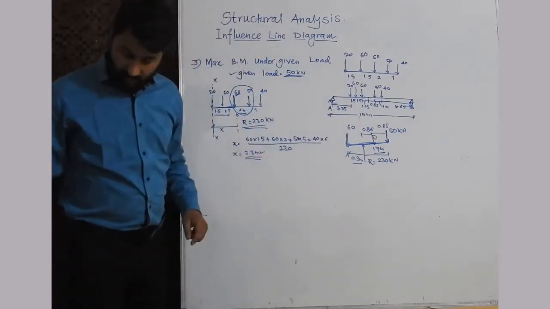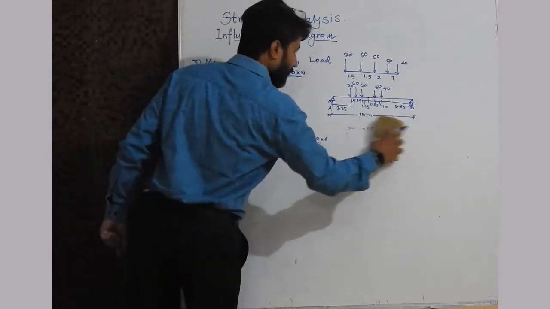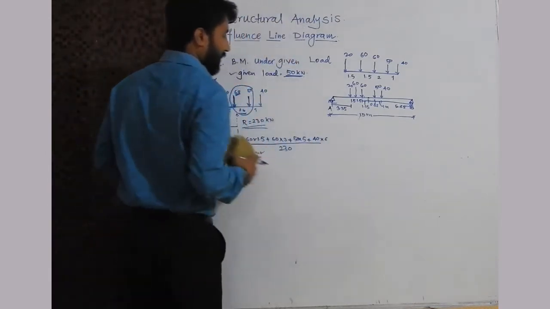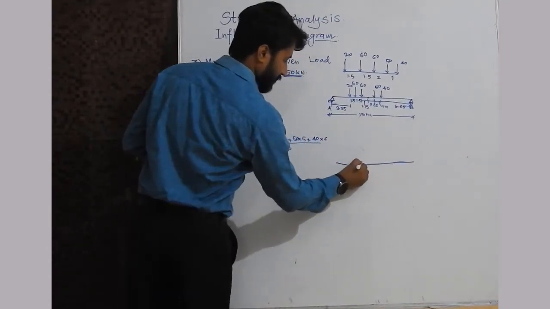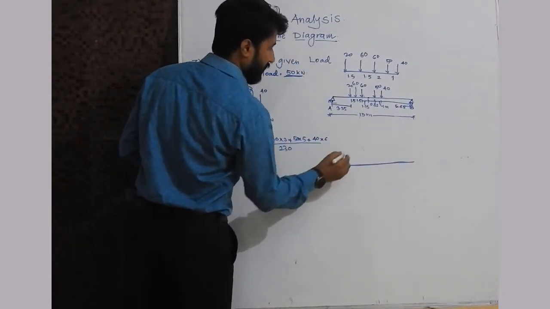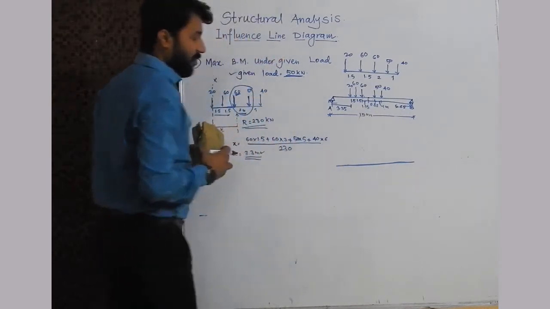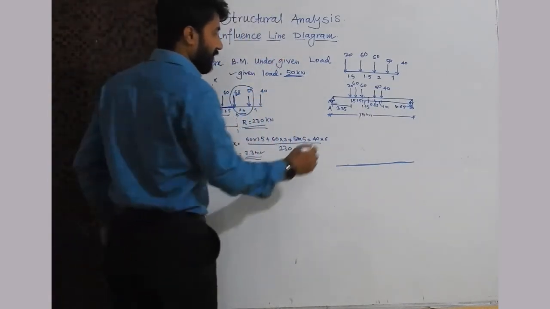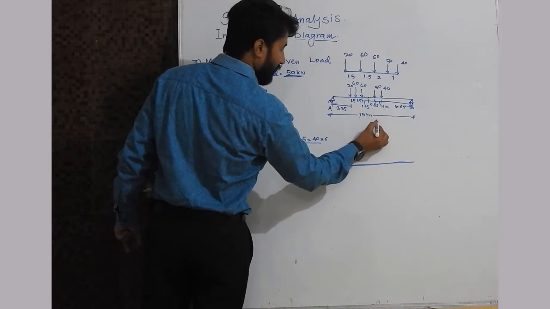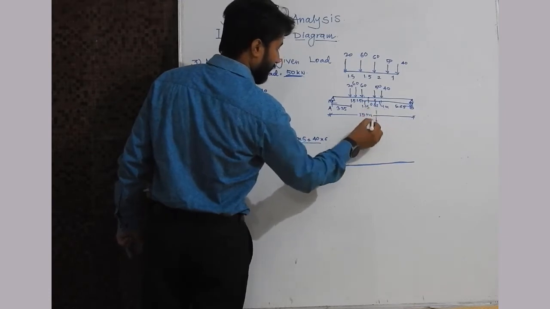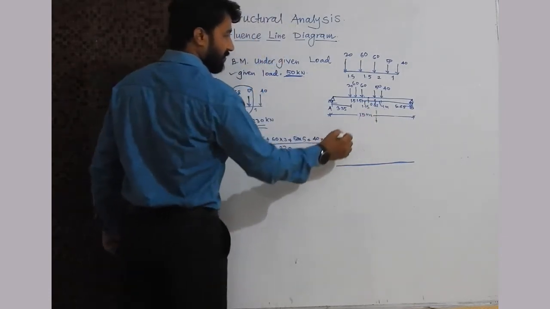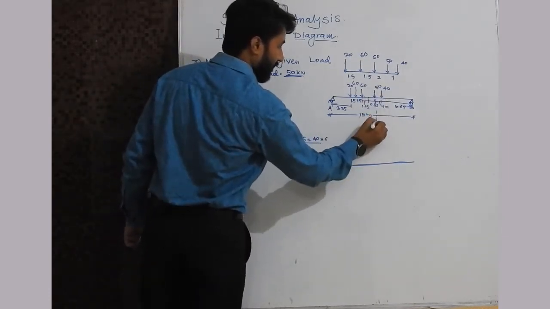Okay. Now I am drawing the bending moment diagram. Now we have to remember the given load is 50 kilonewton. So we will point out the maximum ordinate of this bending moment diagram, which will be below 50 kilonewton.